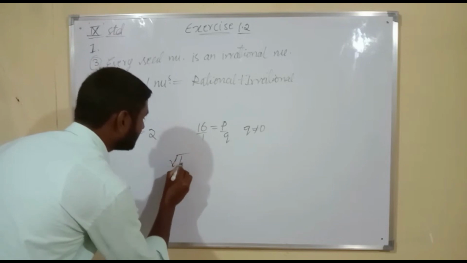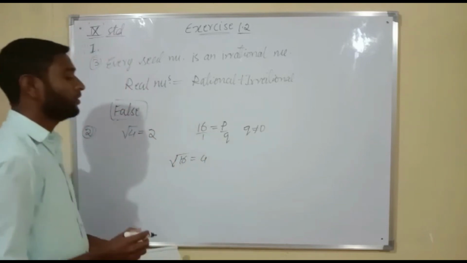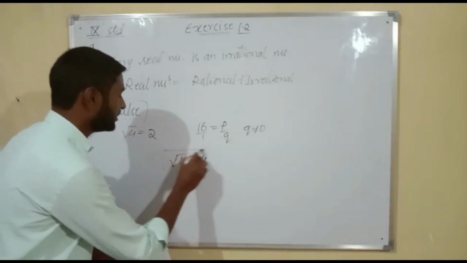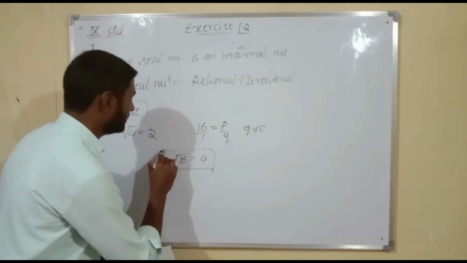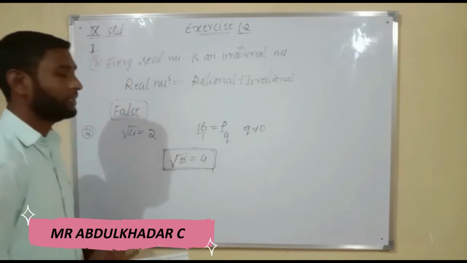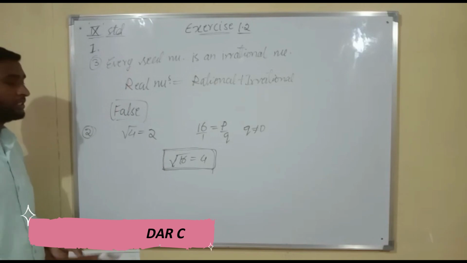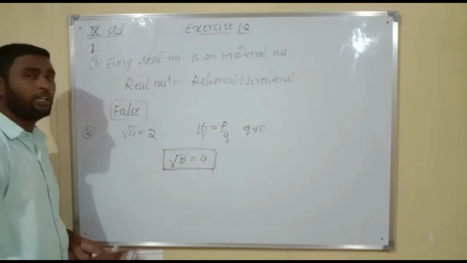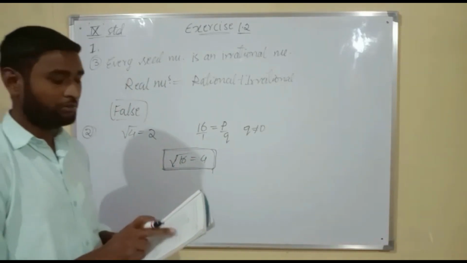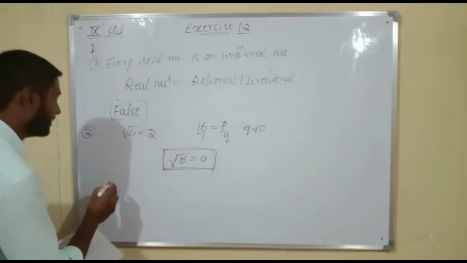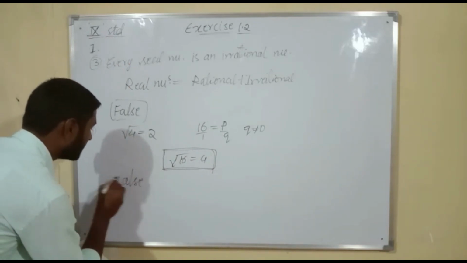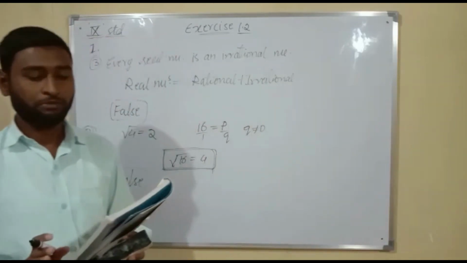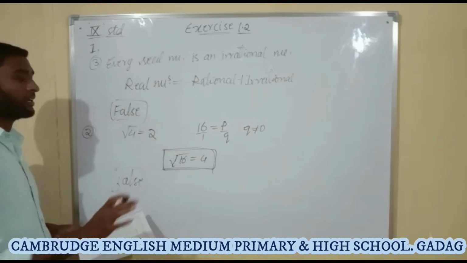The square root of 16 is nothing but 4, which is not an irrational number. So we can say that the square roots of positive integers are not always irrational, because the square root we got here is a natural number. That's why the statement given here is false. The square roots of all positive integers are not always irrational.